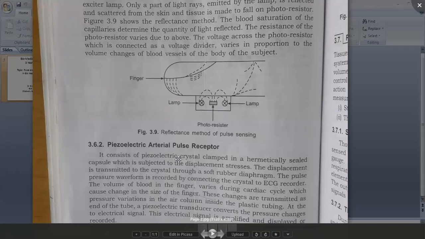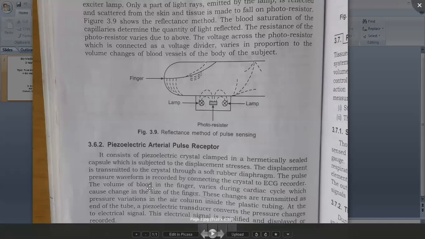It consists of a piezoelectric crystal clamped in a hermetically sealed capsule, which is subjected to displacement stresses. It's like a tube structure. The displacement is transmitted to the crystal through a soft rubber diaphragm.